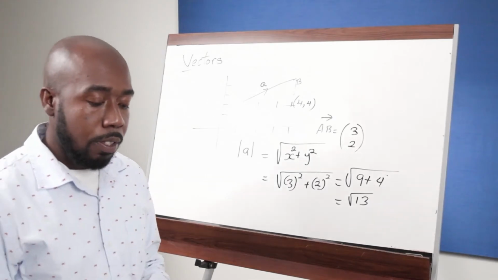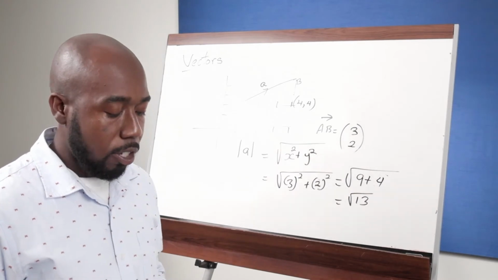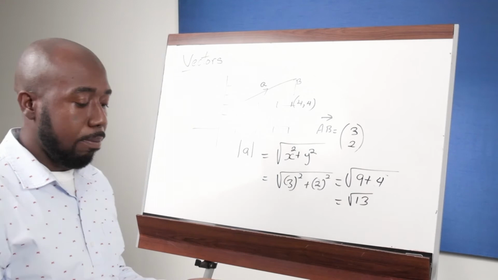Now, vectors can be added and subtracted. How do we add vectors? Simple.